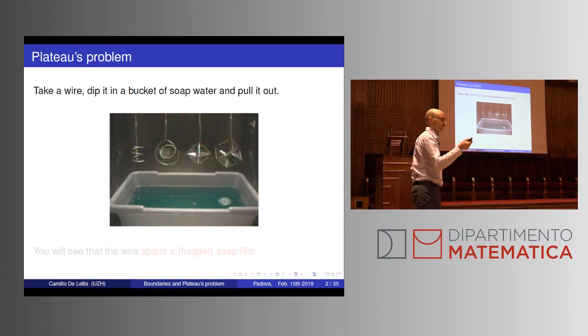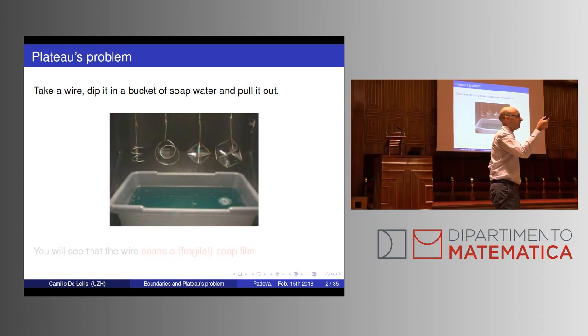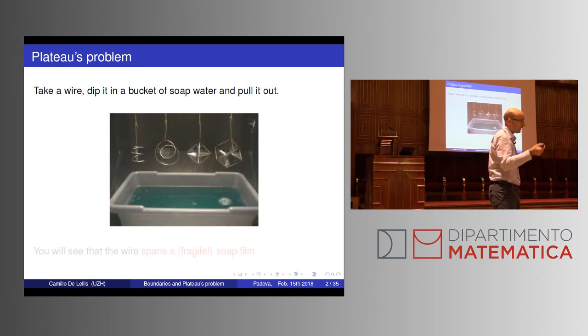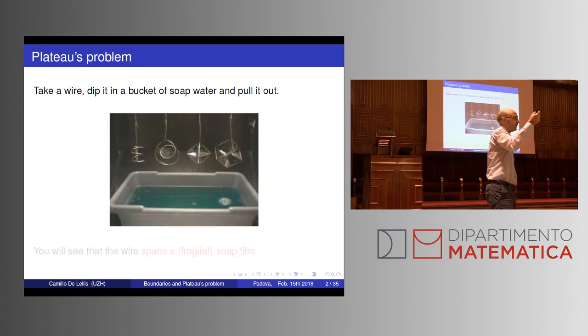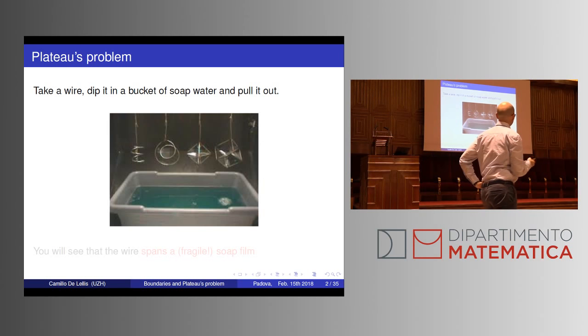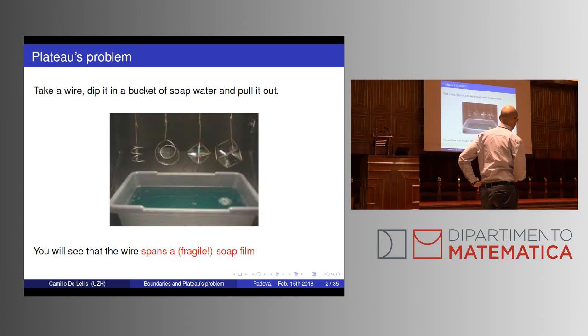If you do it carefully, when you take the wire out of the soap water, you will see that there is a soap film which is attaching to the wire. And this soap film makes an interesting shape. It's fragile, but sufficiently stable.